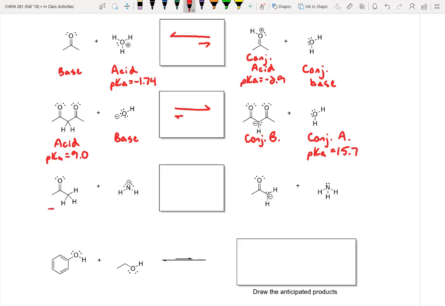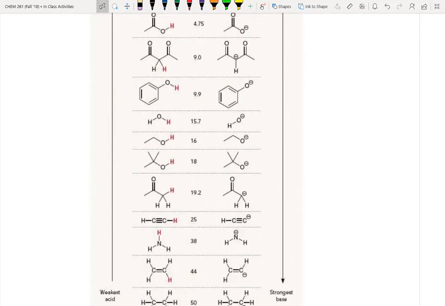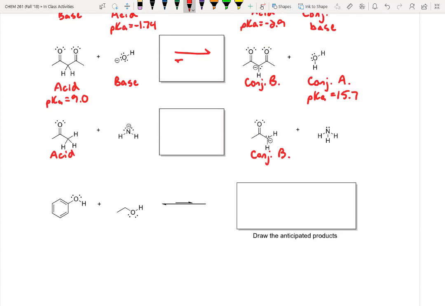All right, in the next one, we're looking for the pKa of acetone. And we know that this is our acid of interest because it looks like it's losing a proton. So I'll go ahead and just label this as my acid and this is my conjugate base. All right, if we look at the pKa of acetone on the next page, looks like it's about 19.2, so we'll plug that in. pKa equals 19.2. And then over here, this must be our base because it's taking the proton, which means over here that this is our conjugate acid.